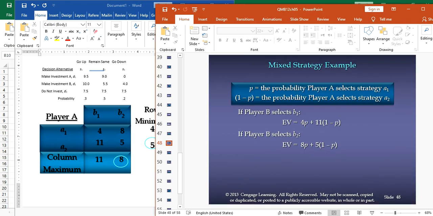So, okay. Now we establish the probability that player A selects strategy 1, A1.